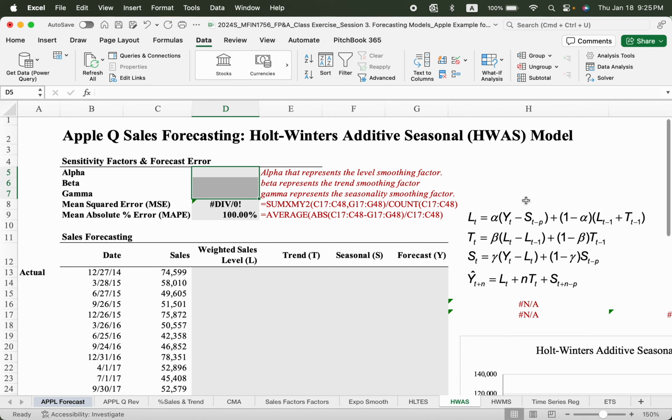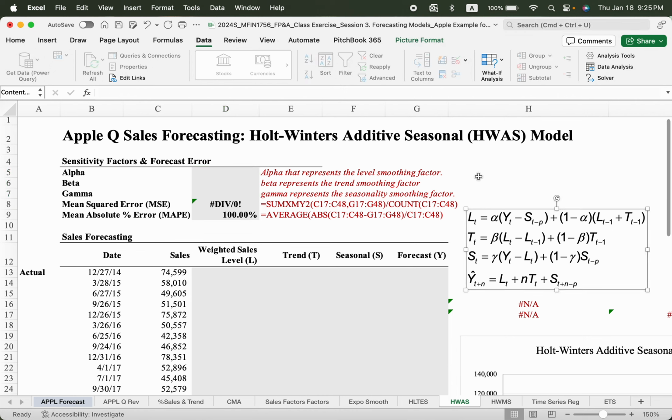And then we use this formula now, considering this seasonality. Here L_t is the level, T_t is the trend, S_t is the seasonality, and P is the periodicity of seasonality, because it changes periodically, similar to seasonal factors, which means the same quarter of the other years, right?